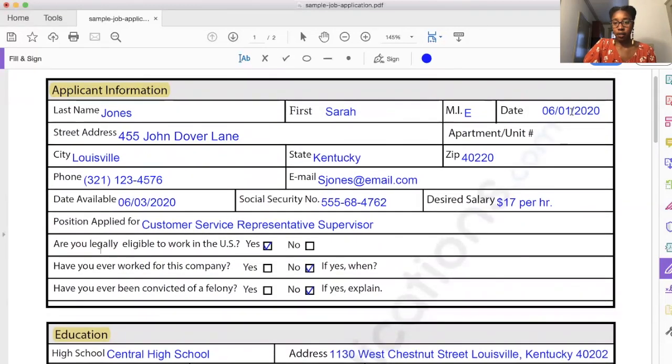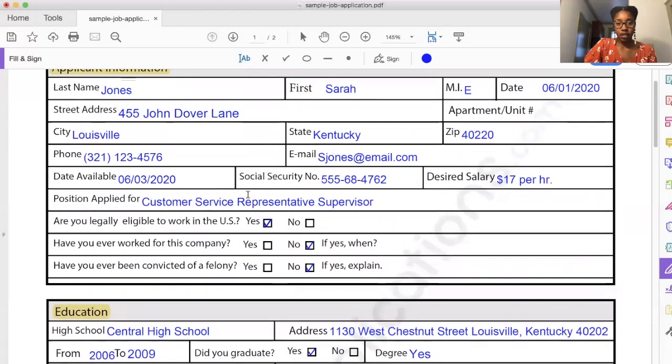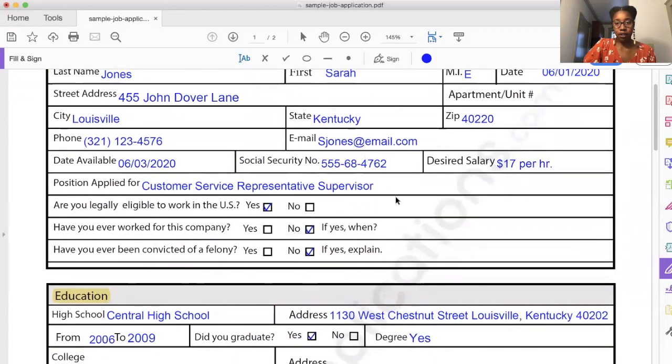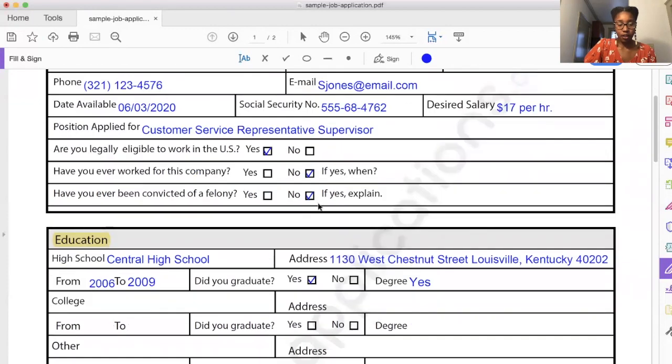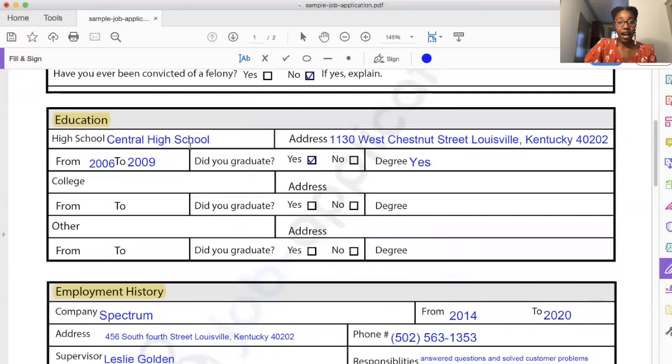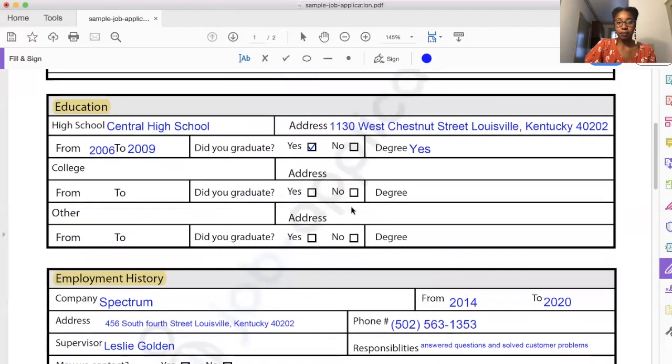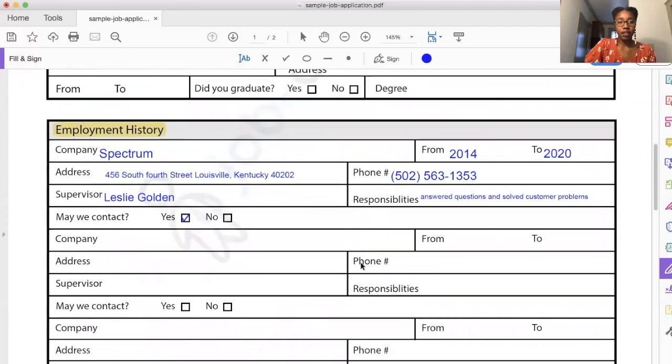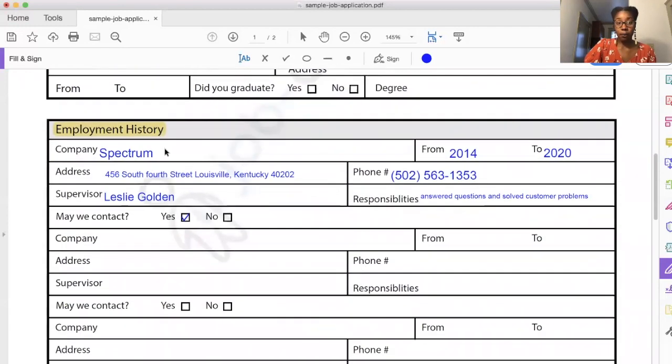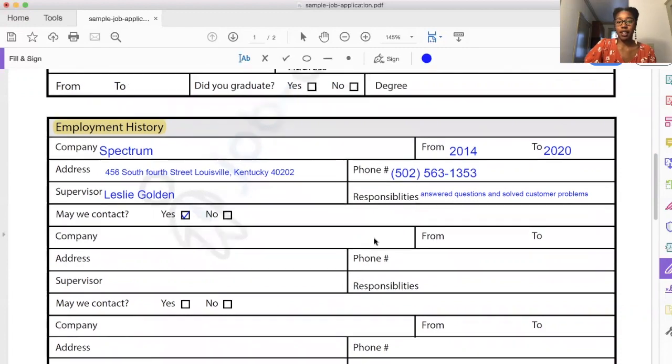Everything is inputted correctly, our dates, our capital letters, our phone numbers, our social security number, salary, questions, high school, start date, end date, graduation, degree, work history or employment history, company, address, start date, end date, phone number, supervisor, responsibilities.